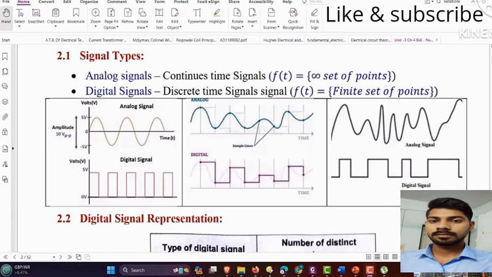By using only two values, the signal can be represented in this particular example. So in conclusion, we can say that analog signals are sets of infinite points, whereas digital signals are represented by a finite set of points.